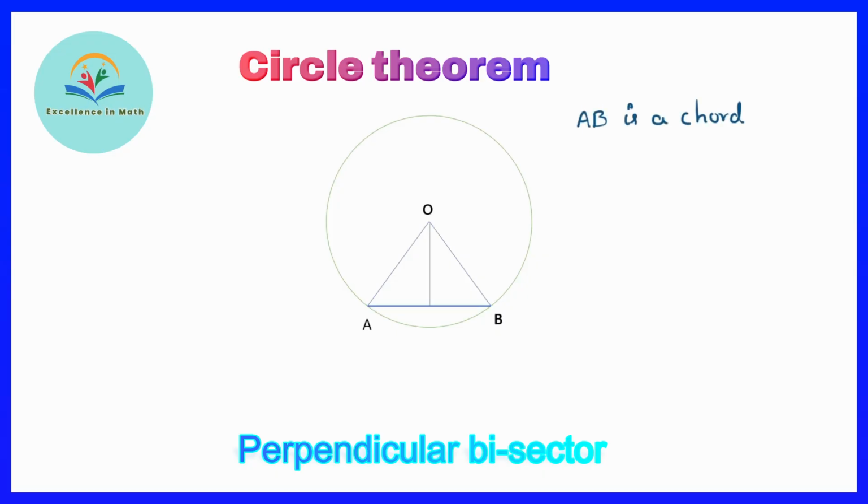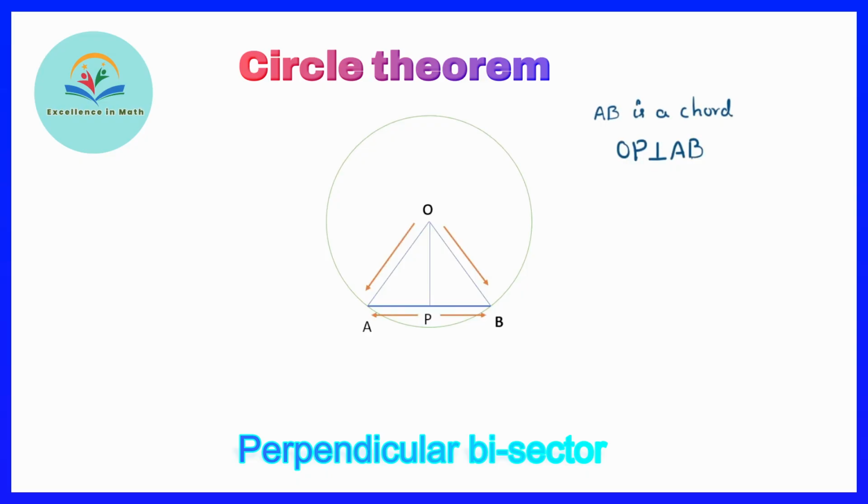Let's draw a perpendicular from the center of the circle O to the chord AB. And I'm going to name this as P. So now we can see OP is perpendicular to AB. Am I clear? Okay, then let's proceed with the next part. So here OP divides AB into two parts, that is AP and BP.